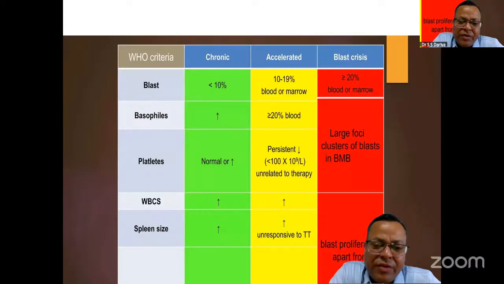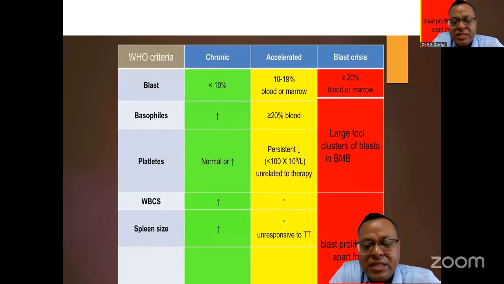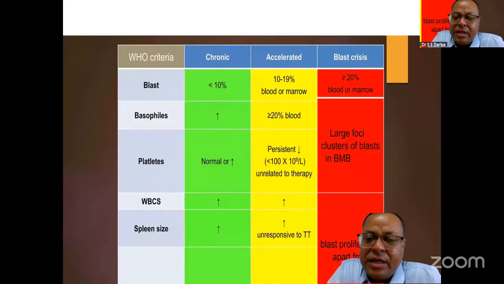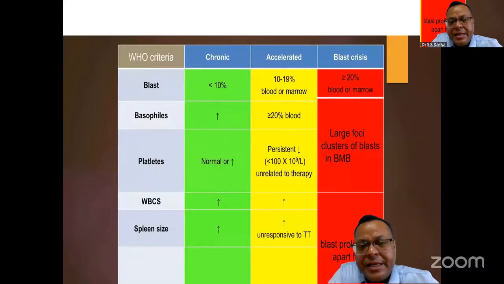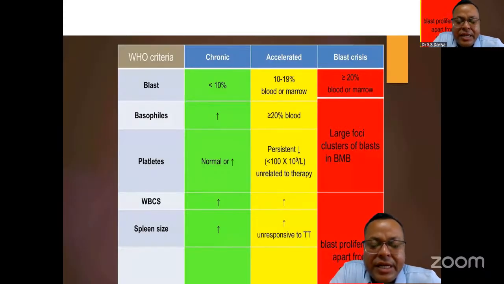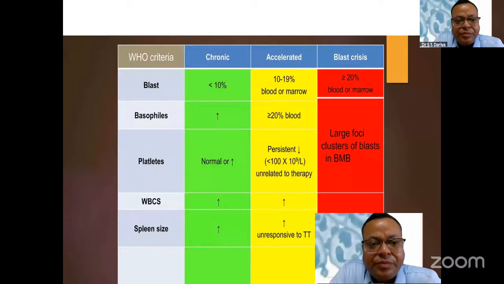Platelets in chronic phase may be normal or increased, but in accelerated phase thrombocytopenia occurs more commonly. WBC, of course, is raised in all phases in CML. Spleen size, if there is no treatment, is increased in all phases. So this is the WHO criteria regarding all three phases.